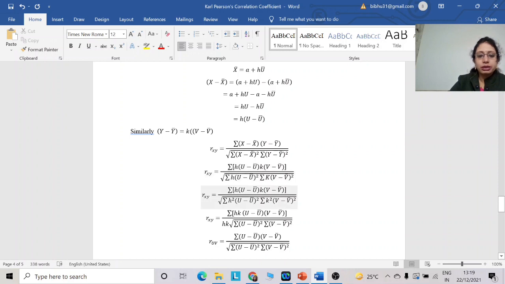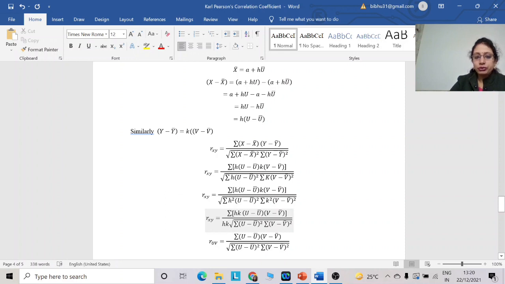In the numerator it stays as it is. In the denominator we write summation of h square (u minus u bar) square into summation of k square (v minus v bar) square. Here h square k square becomes hk when you take the square root, and it comes out.